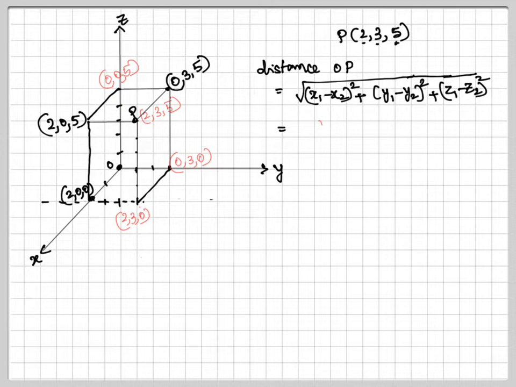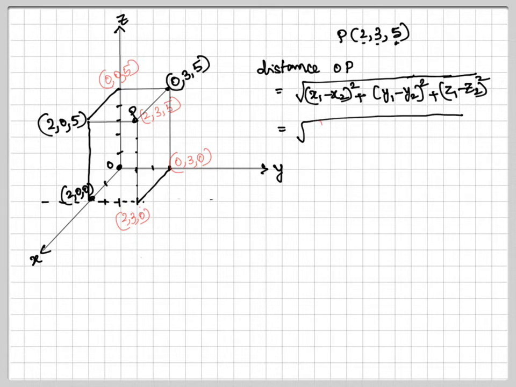We can consider x1, y1, z1 as our point P, which has coordinates (2, 3, 5), and x2, y2, z2 as the origin O, which is (0, 0, 0).